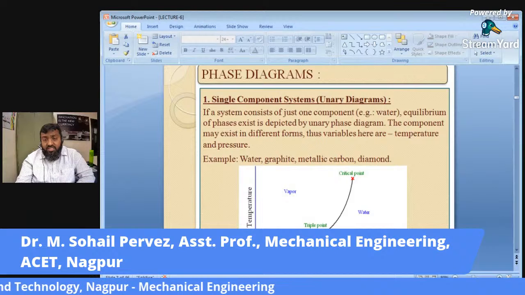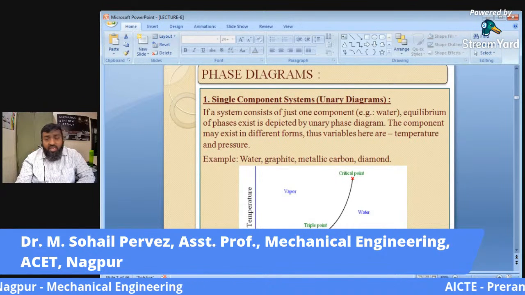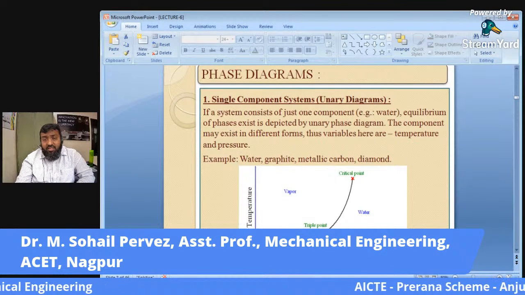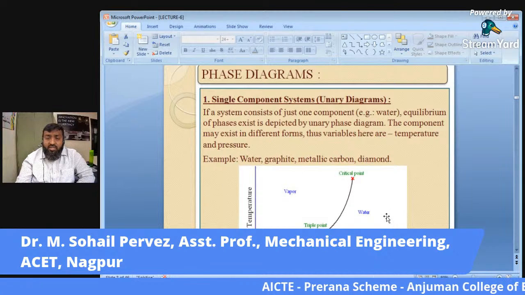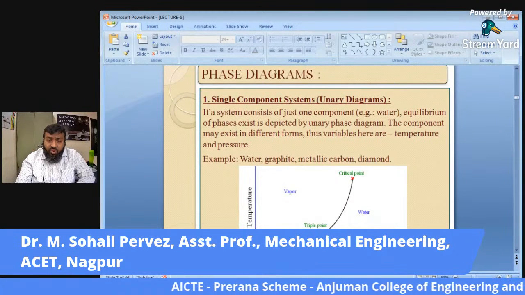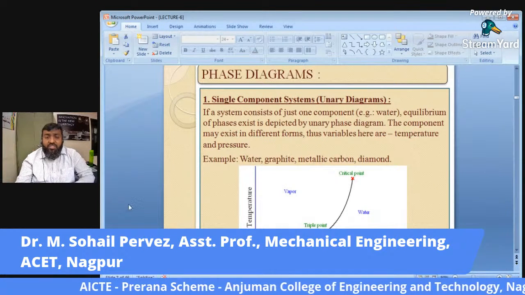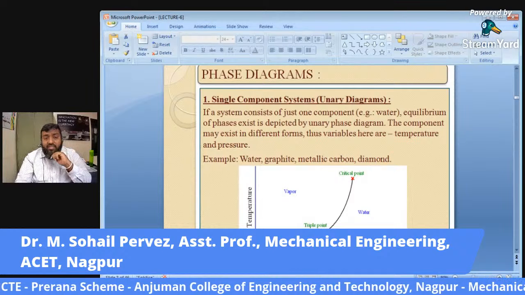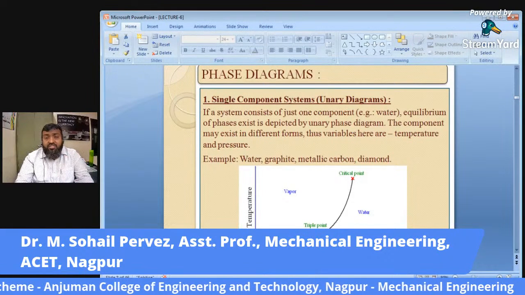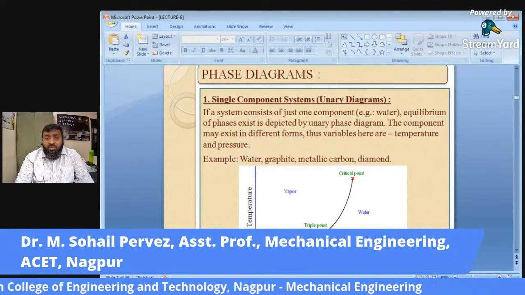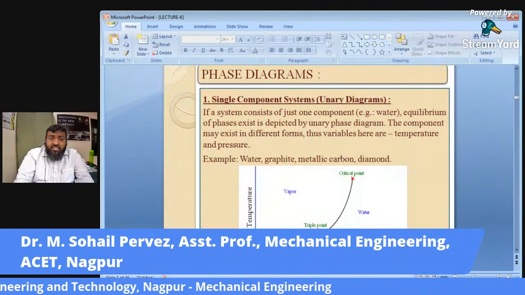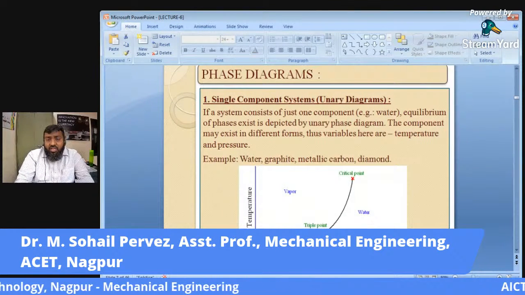Below this triple point, we have ice. On the rightward side, it is water. And above this, if you go on increasing the temperature, the vapor stage will be acquired by the system. So this is the phase diagram of a single component system.